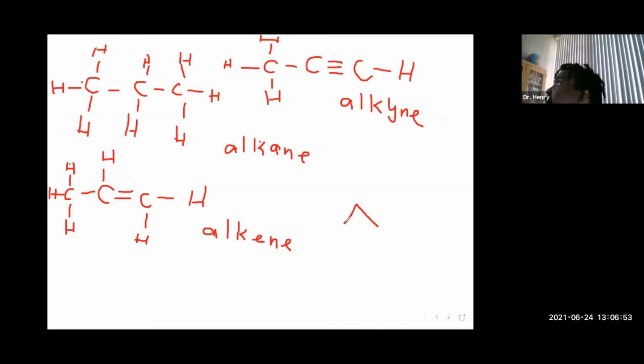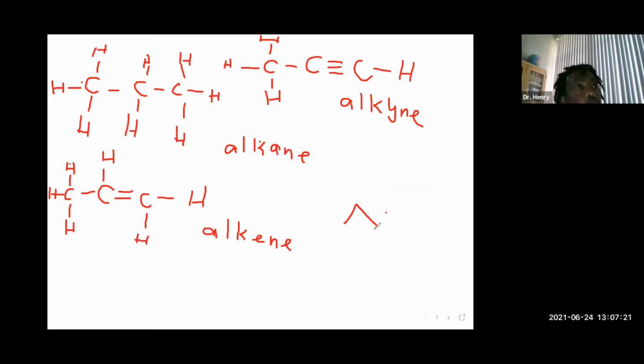Around this carbon, you'll have 3 hydrogens. Around this center carbon, you're going to have 2 hydrogens, because carbon has 4 attachments, and they're all single bonds. Then we'll have 3 hydrogens attaching at this end, just like we see right here.